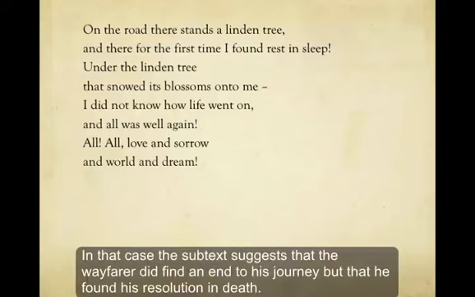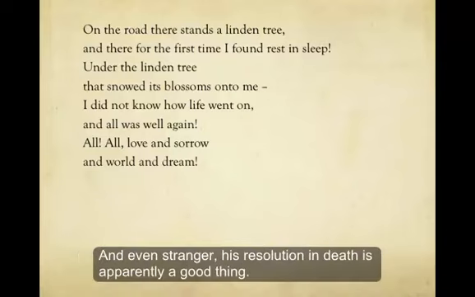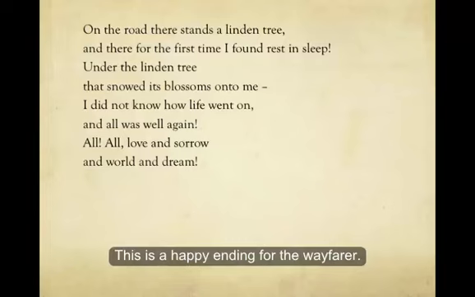In that case, the subtext of this song suggests that the wayfarer did find an end to his journey, but that he found his resolution in death. And even stranger, his resolution in death is apparently a good thing. This is a happy ending for the wayfarer.